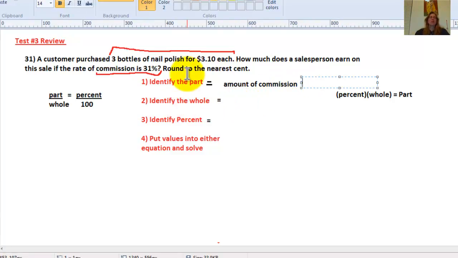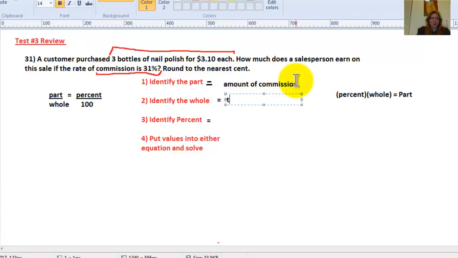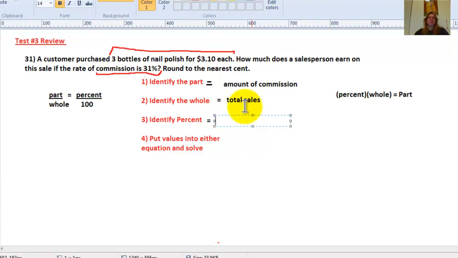Identify the whole. The whole is the total sales. Total sales is given, but not as one simple number, and we'll look at that. And the percent is the rate of commission, and that is given plain and simple. It's 31%.